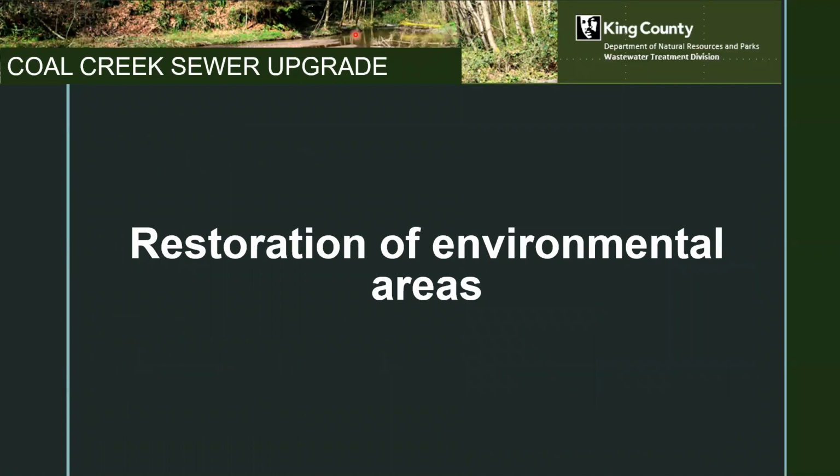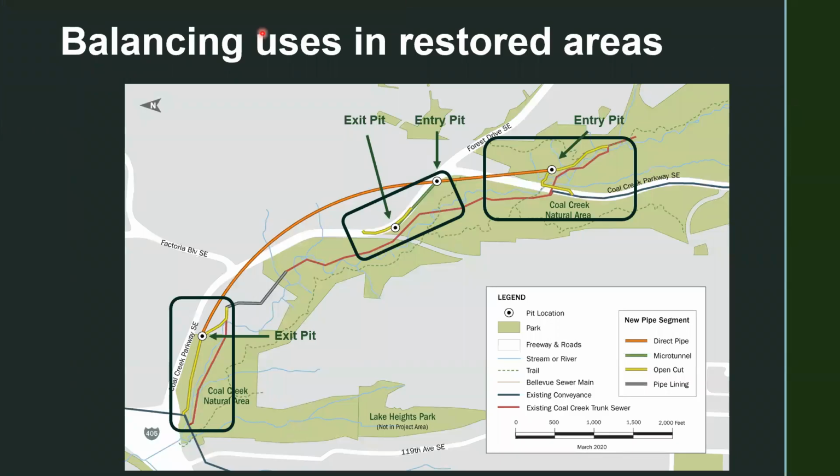Now we get to move on to what I find to be the more exciting stuff, restoring the impacts that we have caused and enhancing the areas in the natural area. So as we've alluded to, we have to strike a balance between the various needs in the natural area and the vicinity.